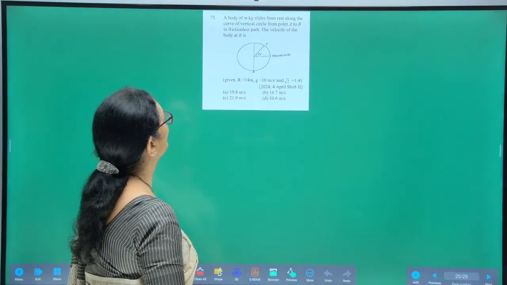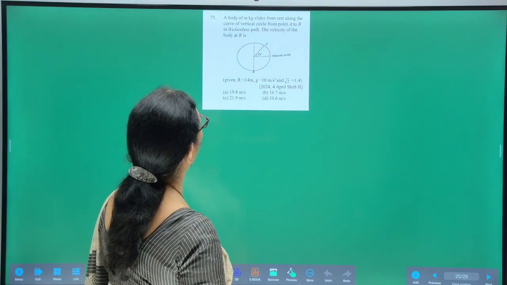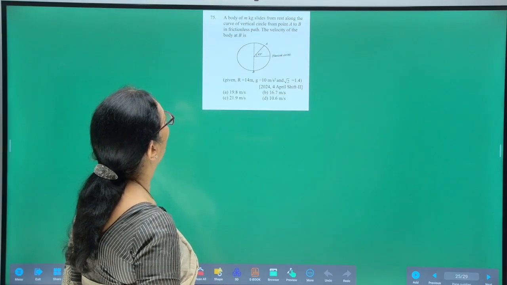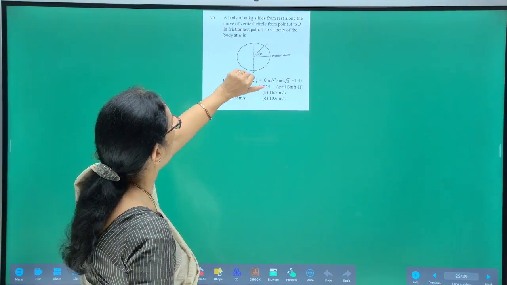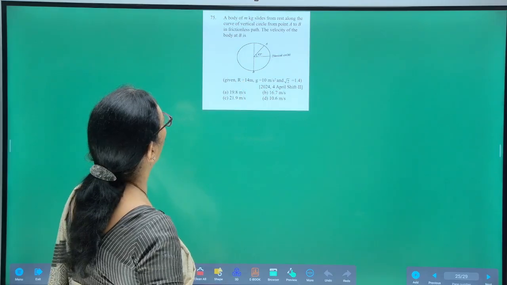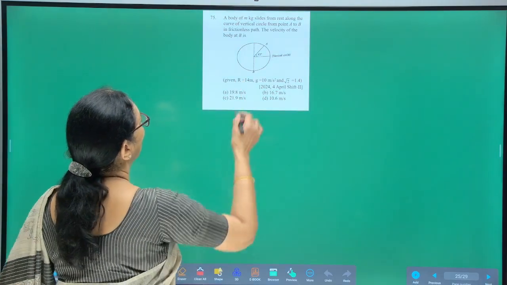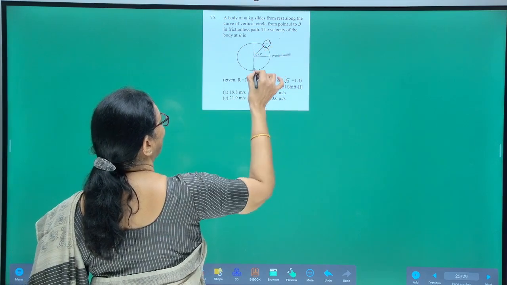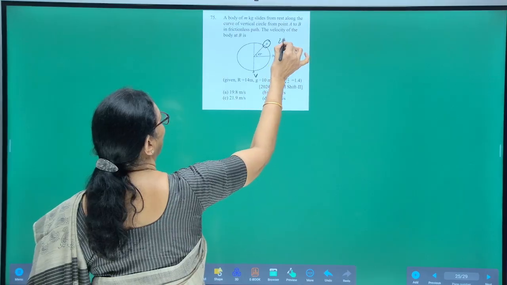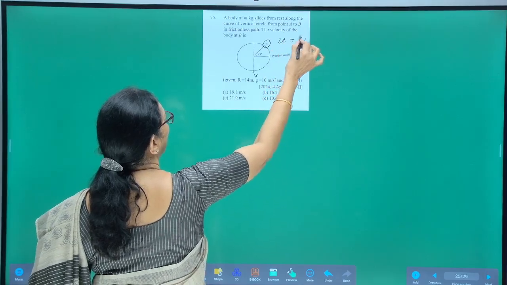Now, look into this problem. A body of mass m slides from rest along a curve of a vertical circle from the point A to the point B. Find the velocity of the body at the point B. When it is at the point A, it is at rest, so u is equal to 0.